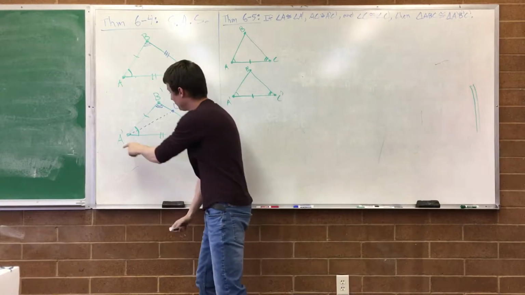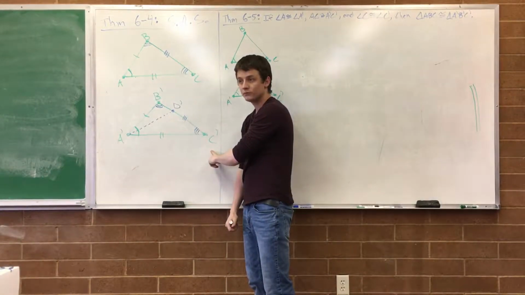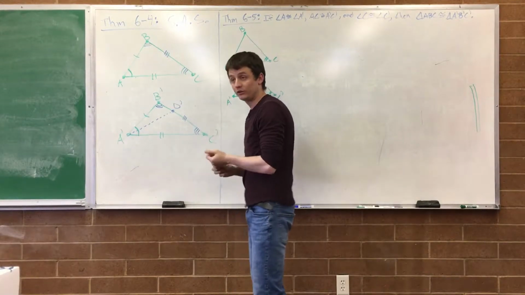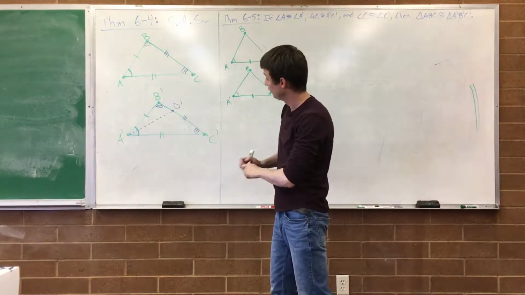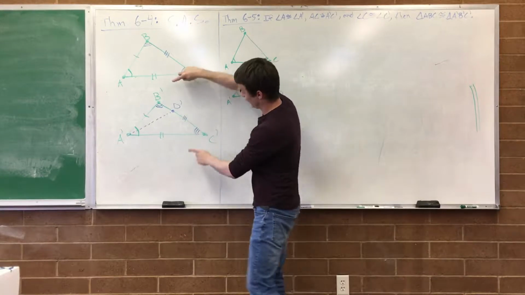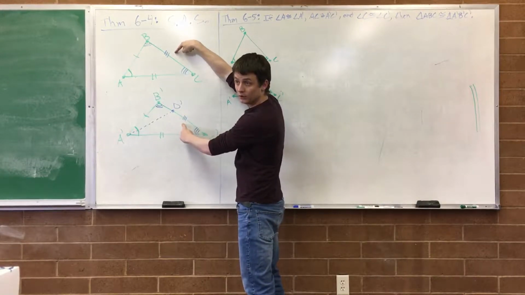So we thought about this triangle, A prime, D prime, C prime, and this triangle, A, B, C, and notice that we can use the side-angle-side postulate again. So looking at A, B, C, and A prime, D prime, C prime, notice they have a side in common, an angle in common, and a side in common, right?